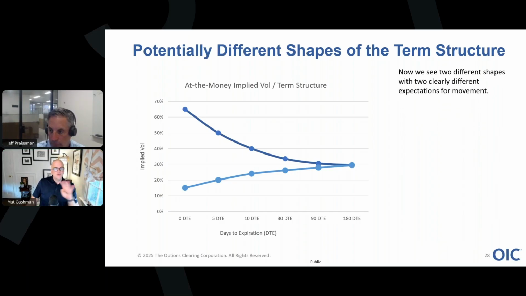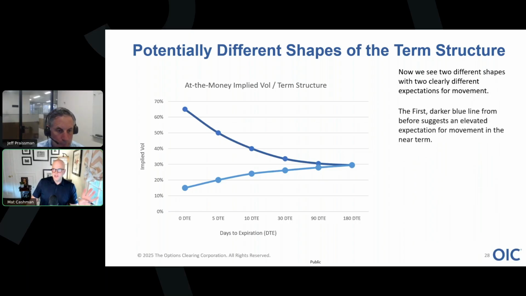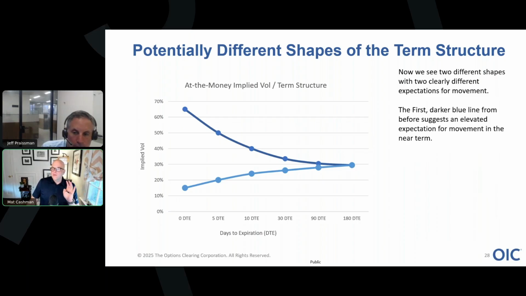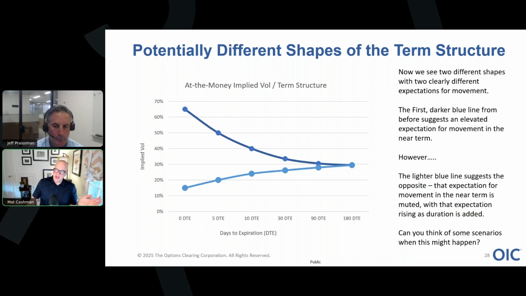Because in this case, we have two totally different shapes as far as the term structure is concerned. The first, that darker blue that we saw before, is telling you that there's an expected amount of volatility in here that's not included back here. And what you're seeing on the light blue term is the exact opposite of that.